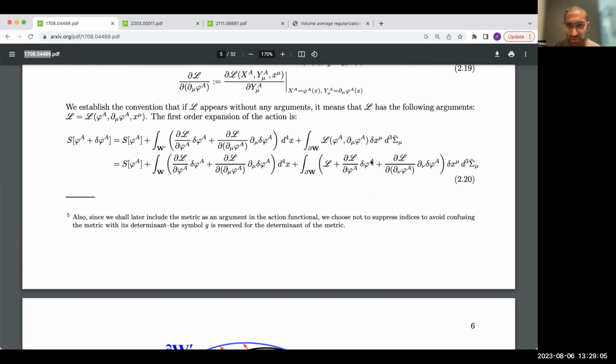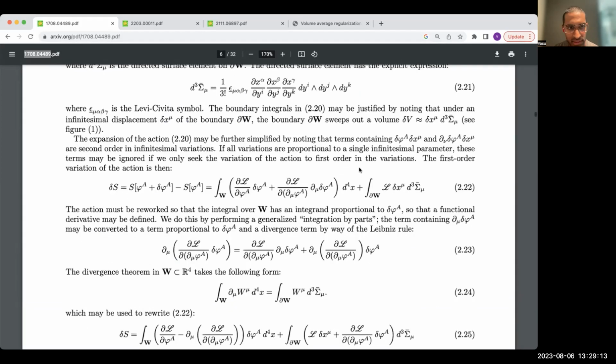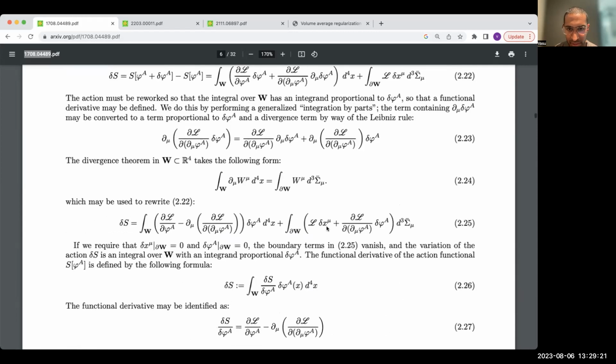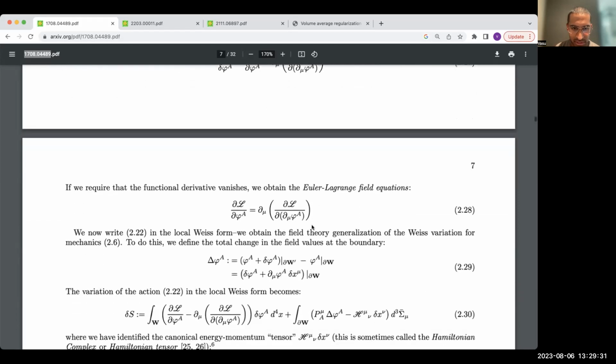So that means that we're going to have basically the following breakup of terms on the boundary. Great. So then we do the usual integration by parts, and then we absorb this thing on the boundary too. So in addition to L delta x, we're going to have this additional term. Great. And we get the standard Euler-Lagrange equations.